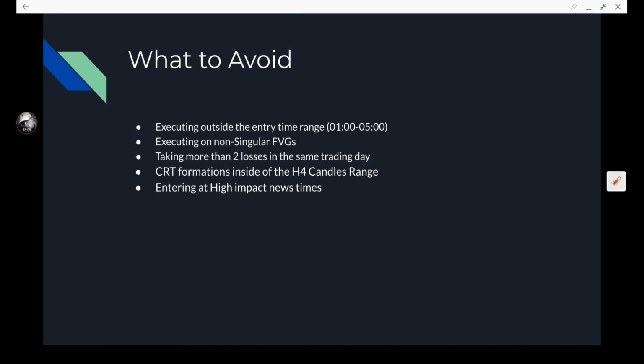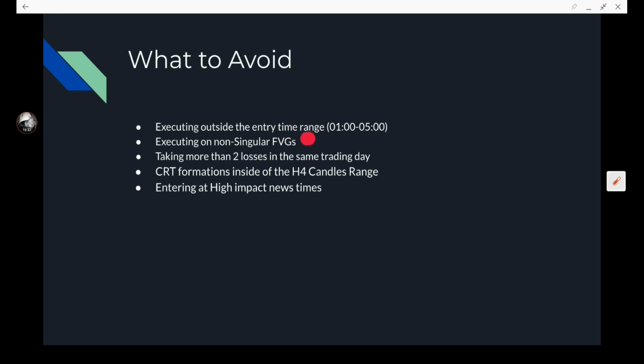What to avoid? The first one is executing outside the entry time range, that is 1 a.m. to 5 a.m. New York time. Always remember to utilize New York time, because if you don't, you won't be following this strategy. You'll be trading a different time range. Number 2, executing on singular FVGs.